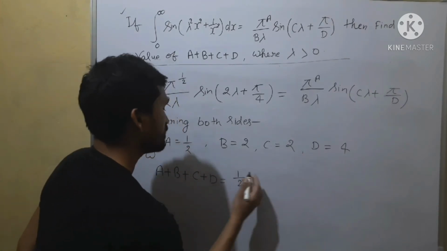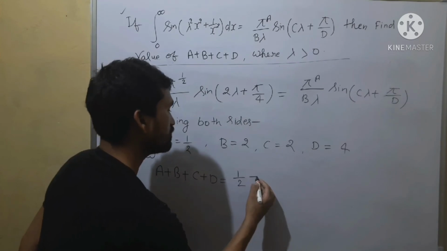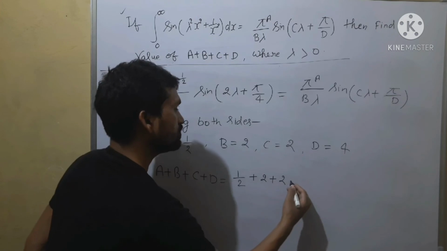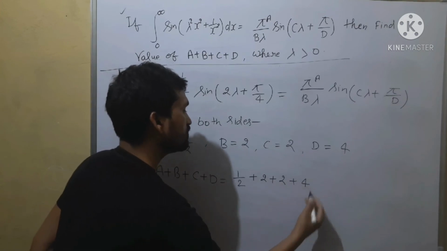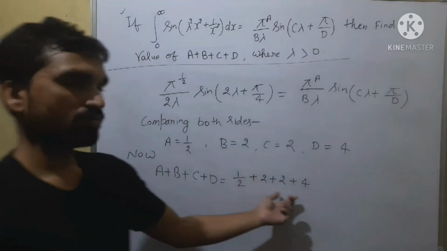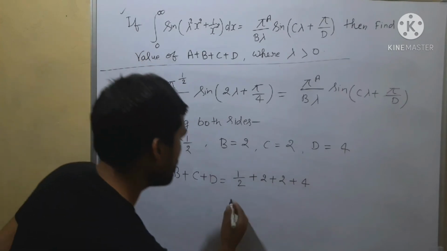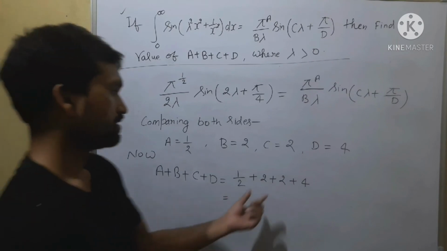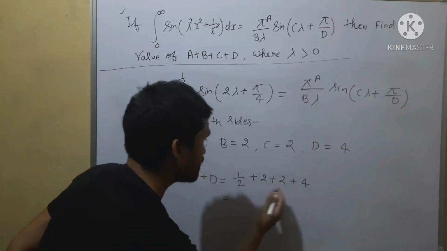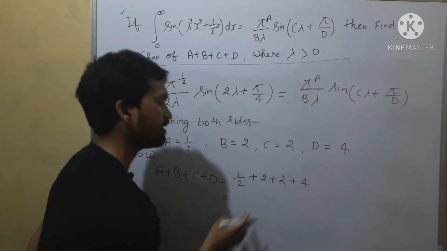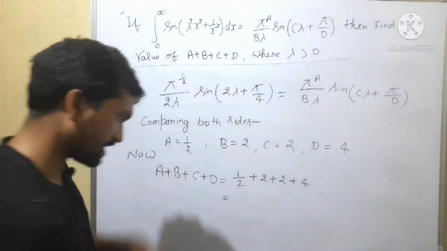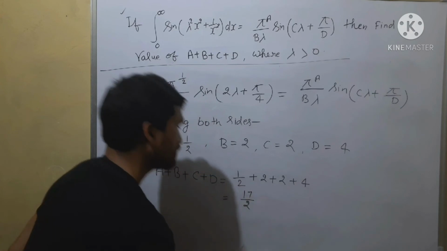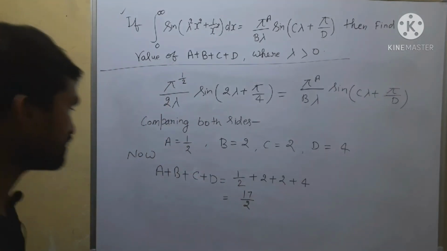So value of a is 1 by 2, value of b is 2, value of c is 2, and value of d is 4. Okay guys, so if we add these values, we will get what? 1 by 2 plus 8, that is our 17 by 2. Okay guys, 17 by 2.